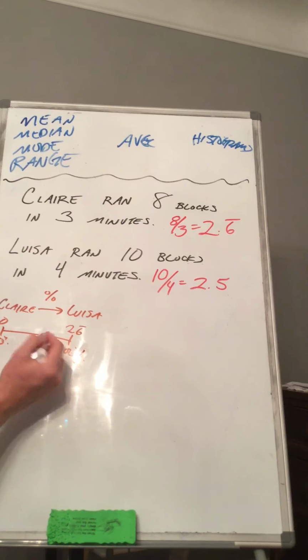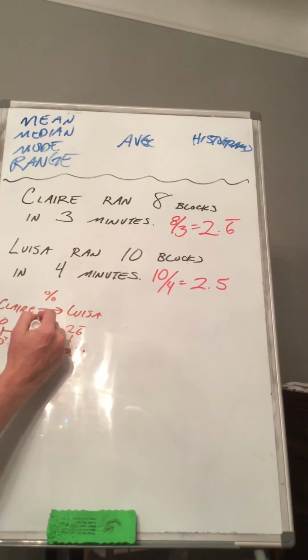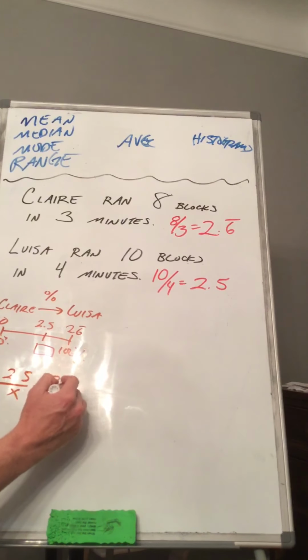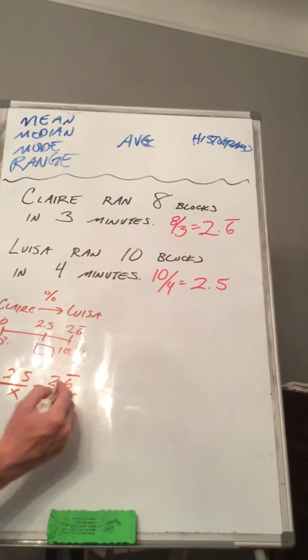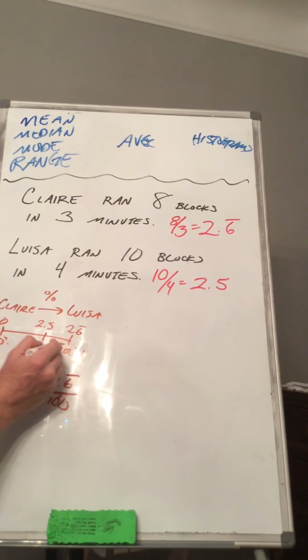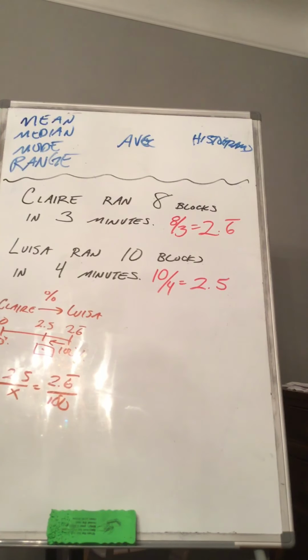And Louisa was going backwards, so we're going over here 2 5/10. So we could have found this first, as we did previously. We said, oh, 2 5/10 over x equals 2 2/3 over 100. And then you would find, that would give you this. And then you would subtract those 2% to find the change, okay?